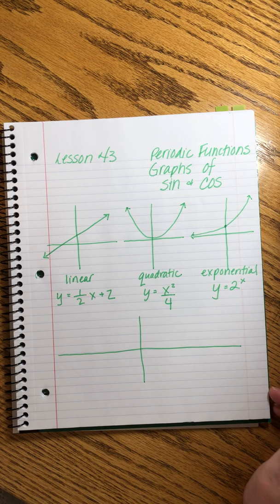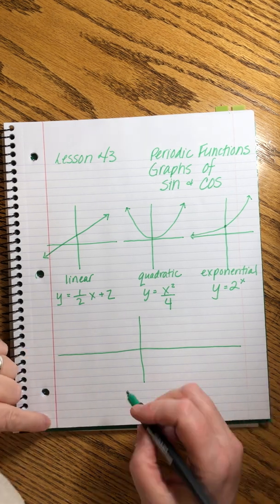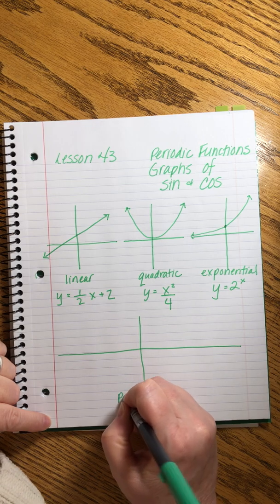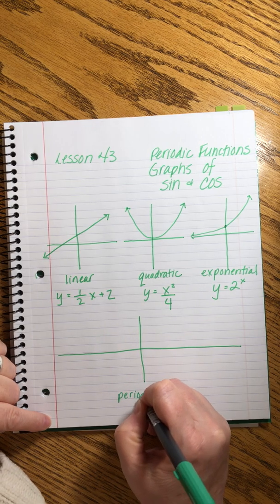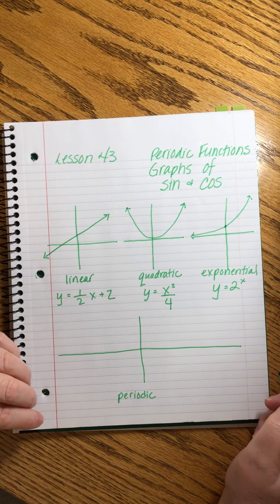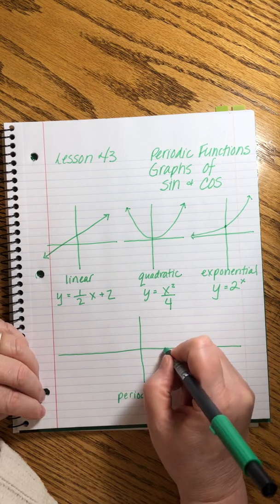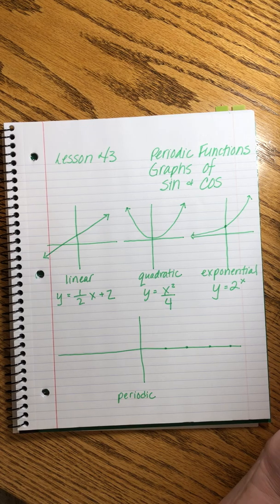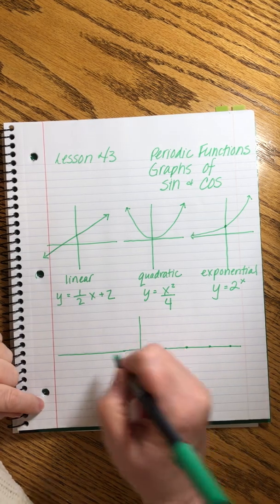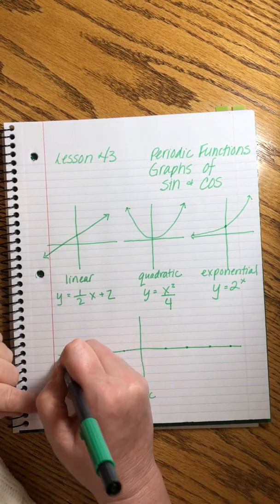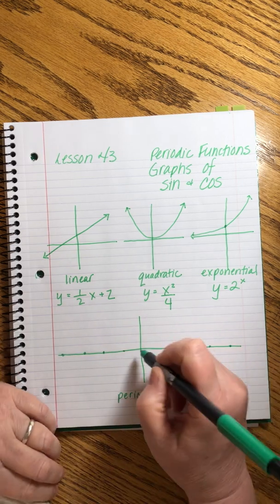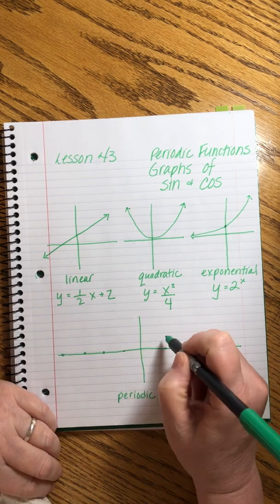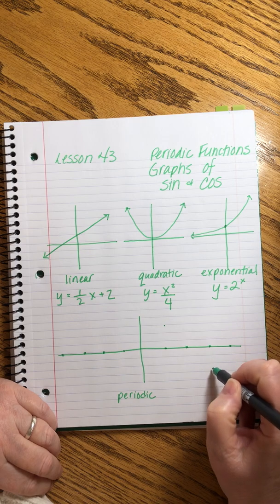Now, this is going to be called a periodic function. And the reason why will become apparent in just a minute. A periodic function, this is one example of a periodic function.